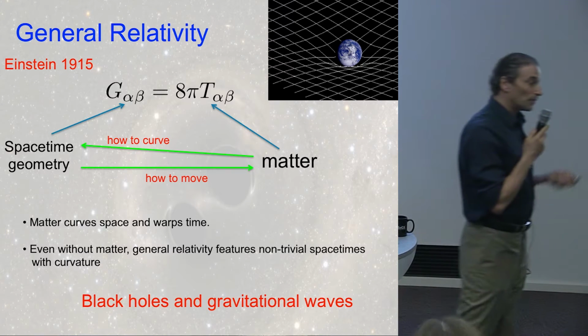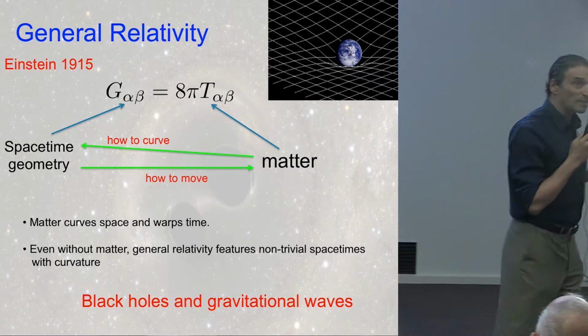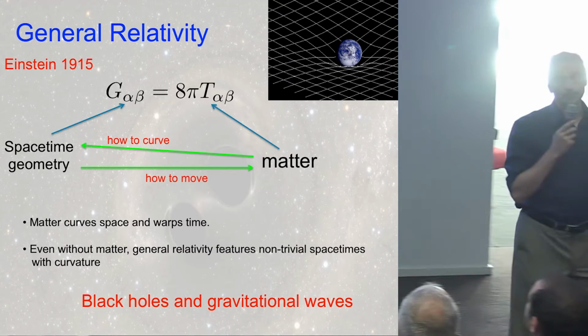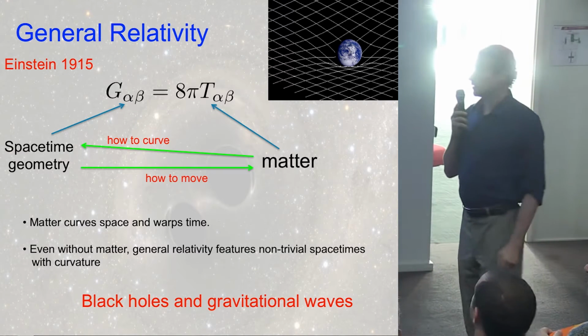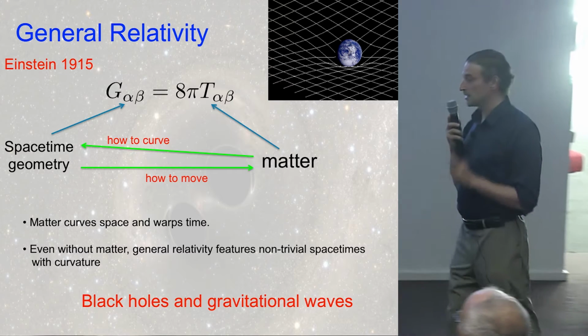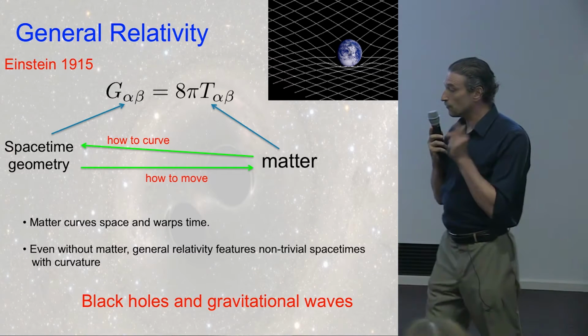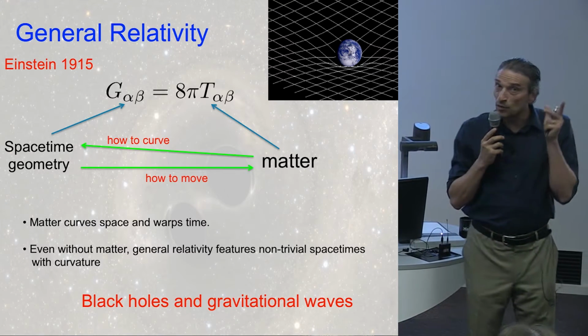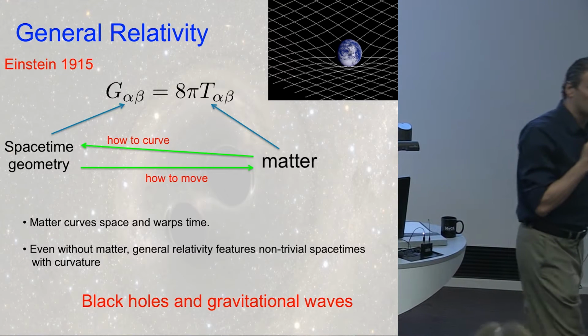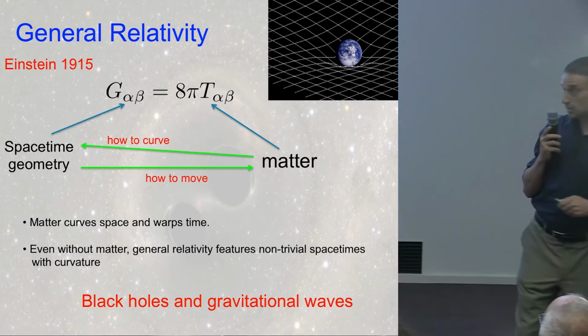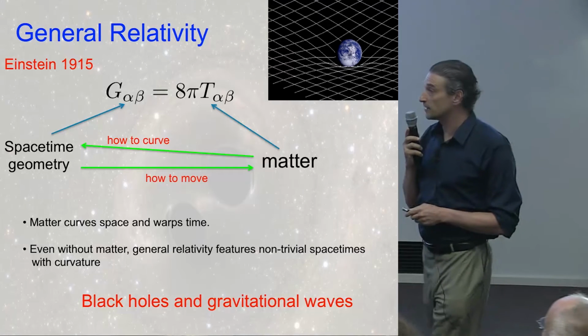And he comes up with what at the time was a very radical idea, saying that space and time form a single space-time, and moreover, this space-time is not flat. It is curved, and it is curved under the influence of matter.